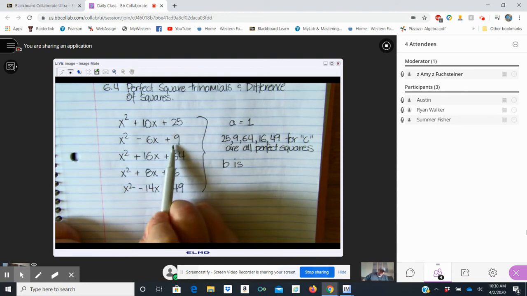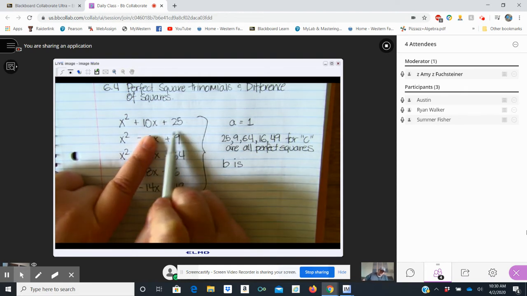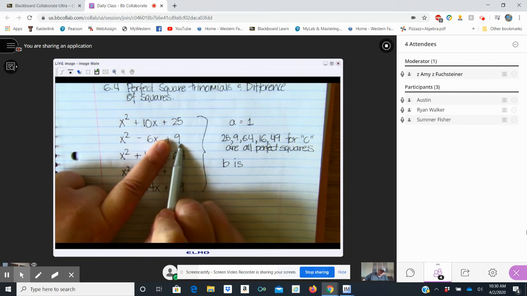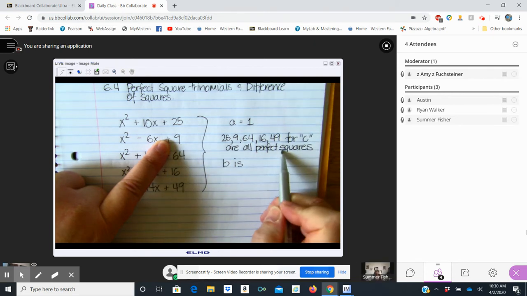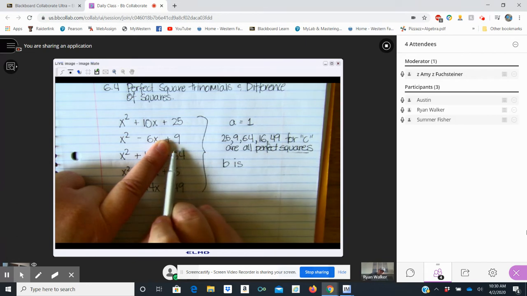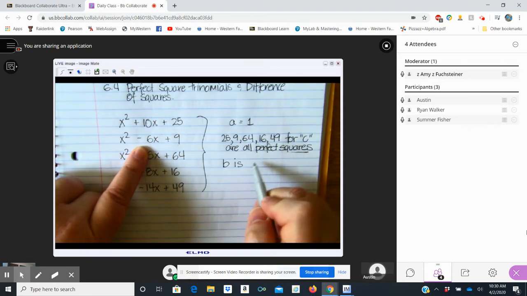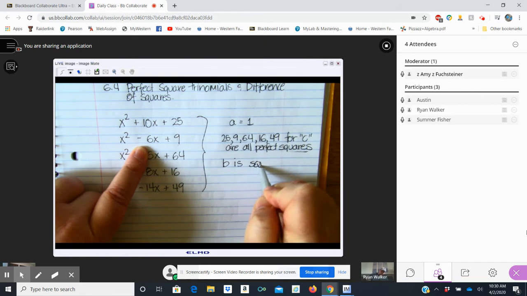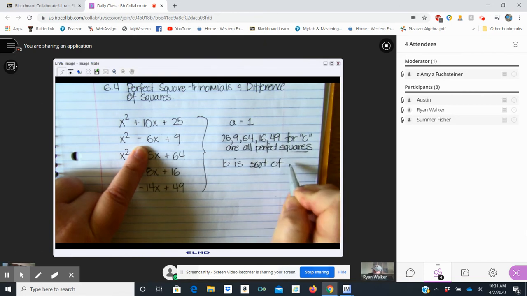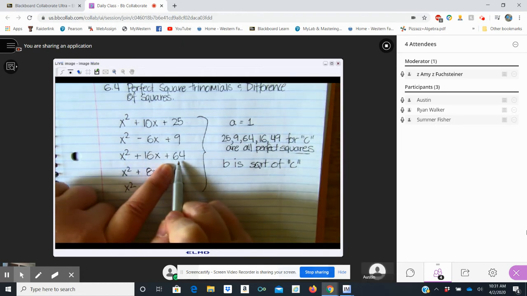Okay. So how do I get a 3 out of this 9? Divided by 3. Yeah, but what's the opposite of a square? Square root. So if I take the square root of 9 and then I take the square root of 64.